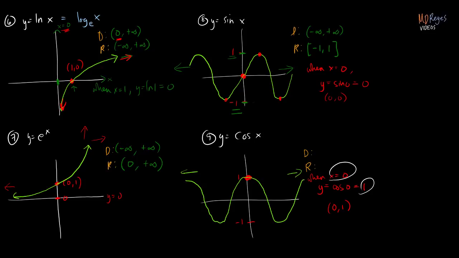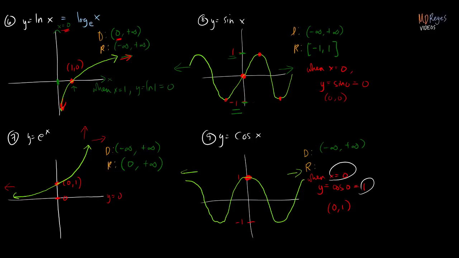So on the x-axis, we have covered all the numbers as the graph goes to the right and left. So the domain is the set of real numbers. While the range, again, as we can see, the highest point happens at y equals 1, and then the lowest points happen at y equals negative 1.